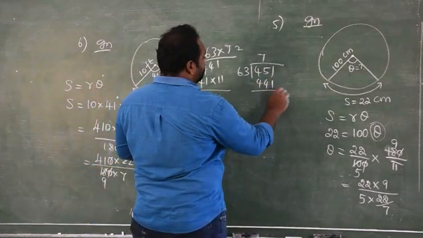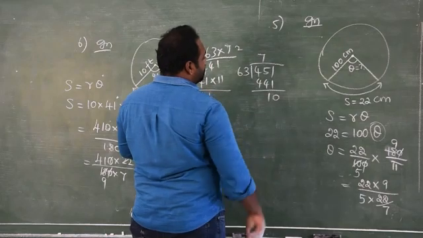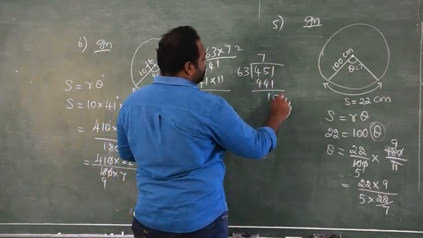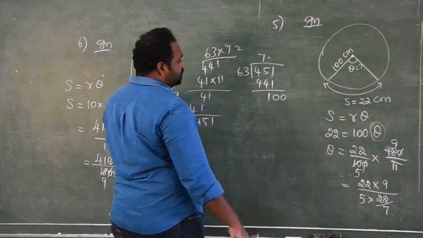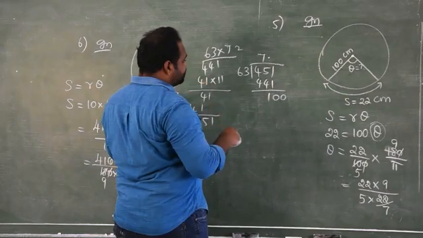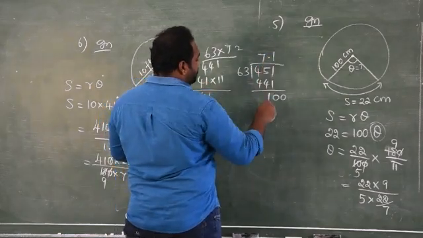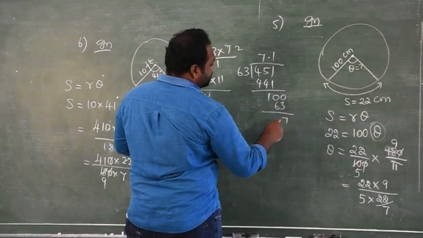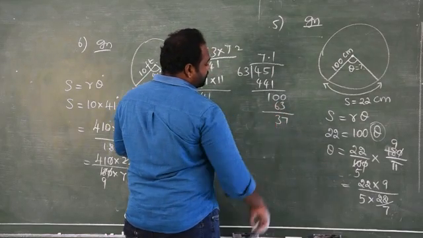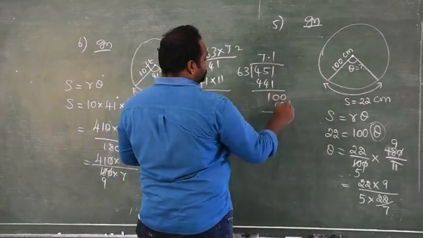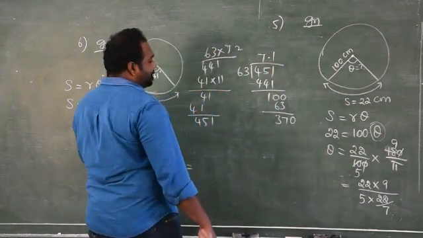So 441, remaining 10. Next, it will not go, pointer. Next, how many times? One time, it is 63, 37, I think. Next, it will not go, 0.